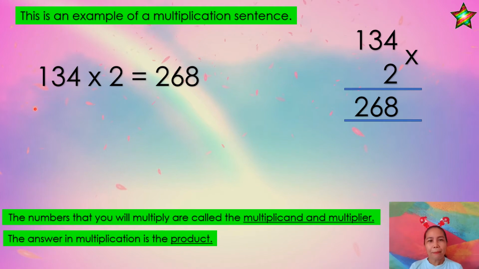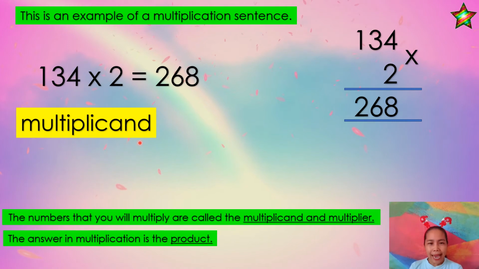This is an example of a multiplication sentence. You can write like this or this way, okay? Now, multiplicand, the number 134 is the multiplicand. Multiplier.